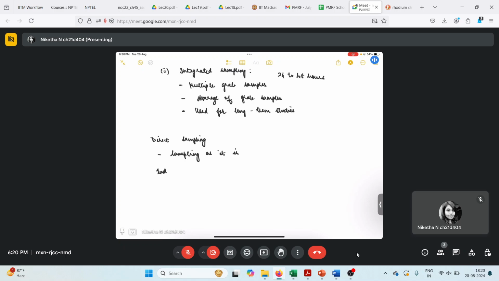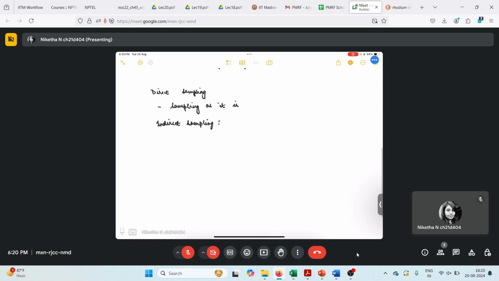And then there is indirect sampling, in which we do some modification. We absorb the sample using physical absorption or chemical absorption. Since some kind of absorption is involved, it is called indirect sampling.